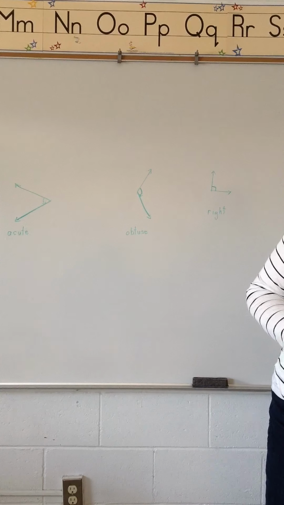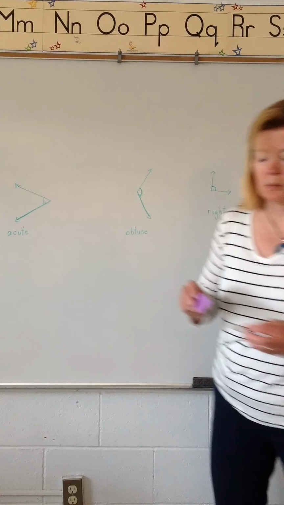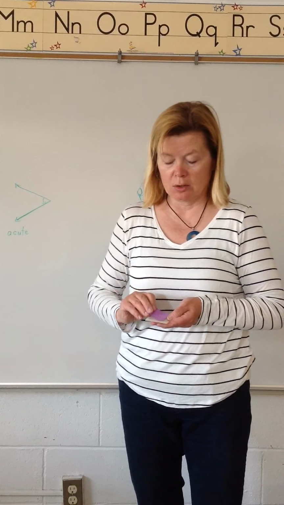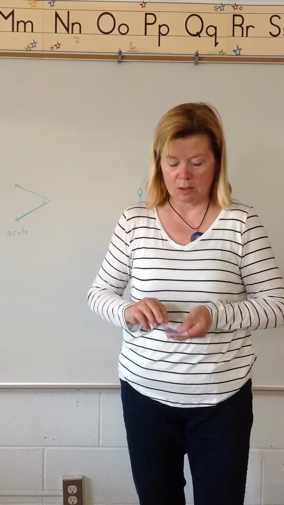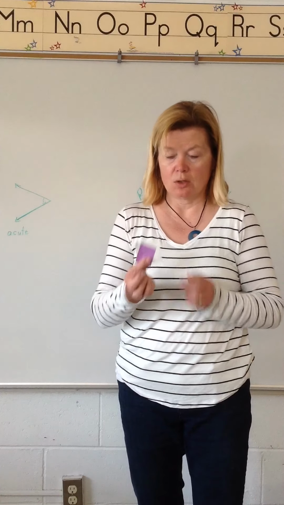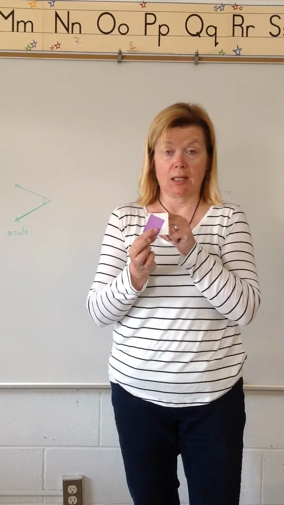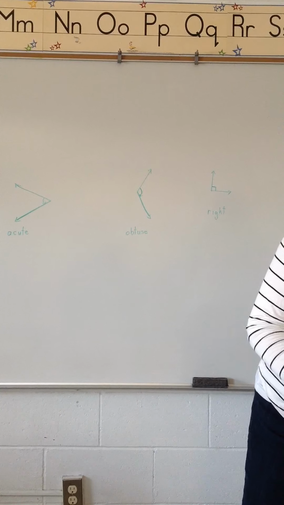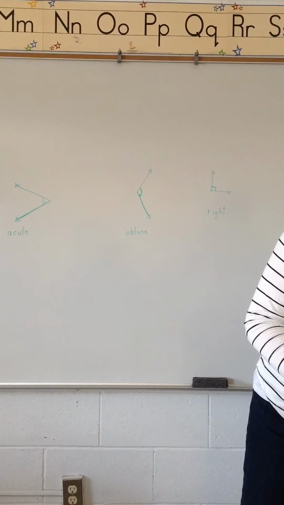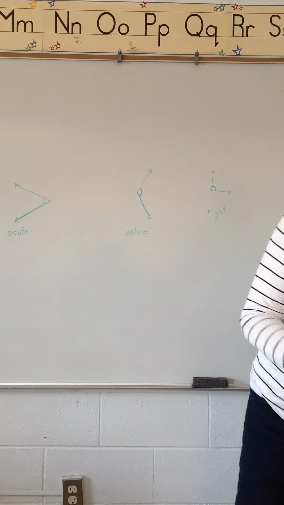I'm going to show you a right angle. If I put my sticky note here in the corner, you can see that it's going to follow the edges. So we know that R is a right angle. And I'll give you an example of an acute angle.